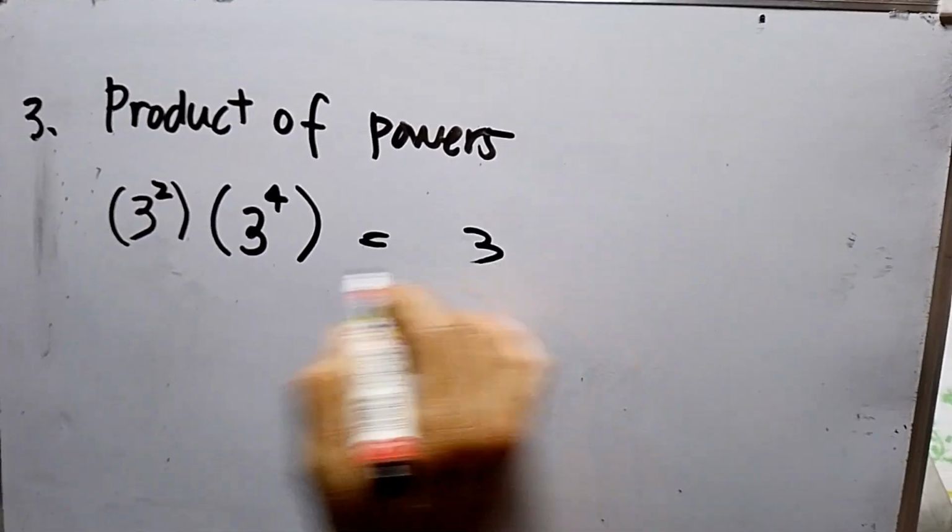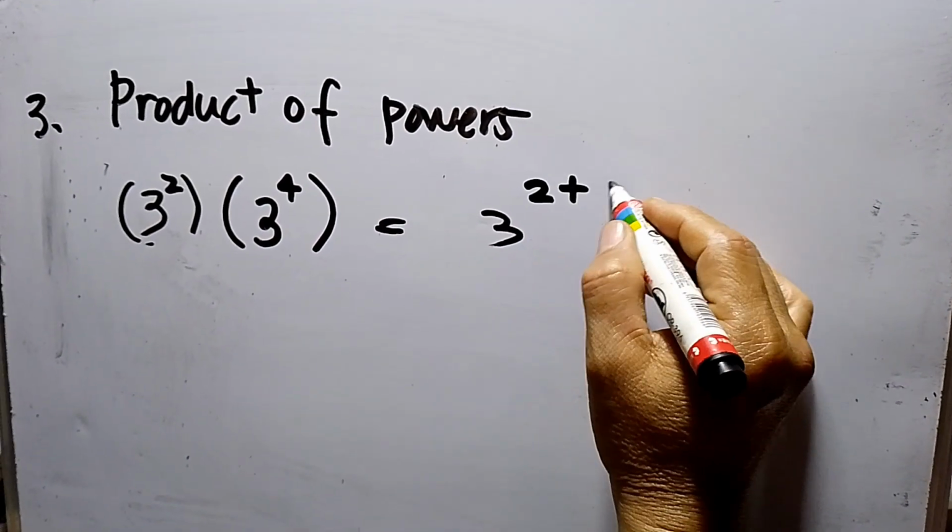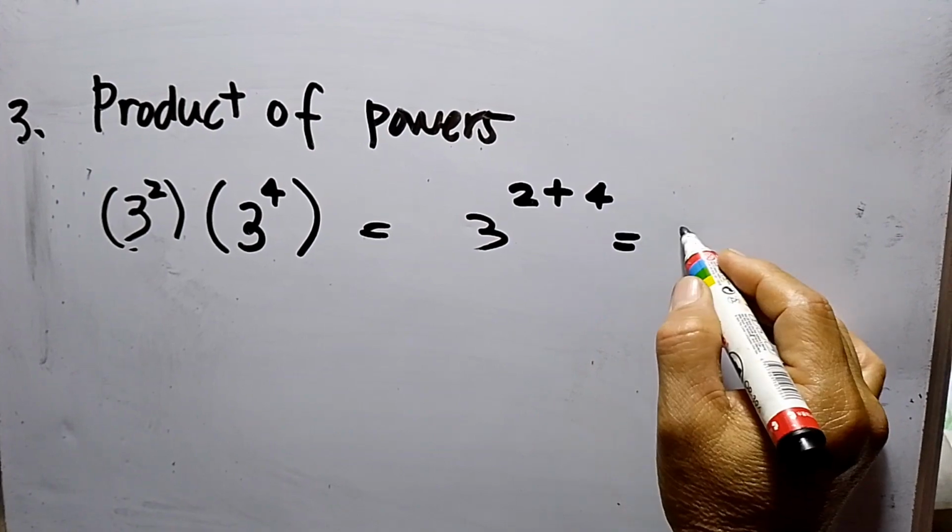So copy the base, because this is the base and this is the exponent. So this will be 2 plus 4. So what is 2 plus 4?